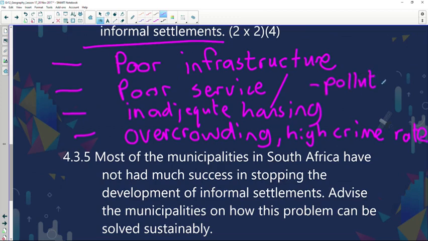Pollution levels will increase because there are not enough services to remove the pollution, and we can experience social problems.